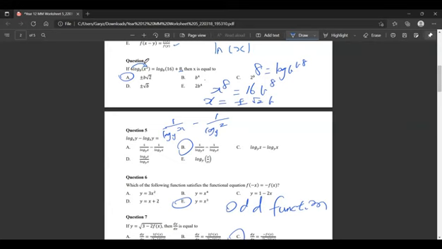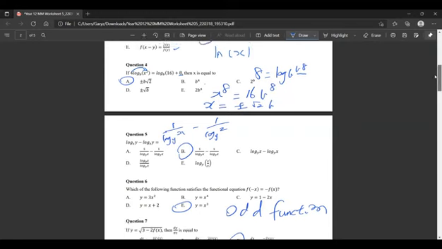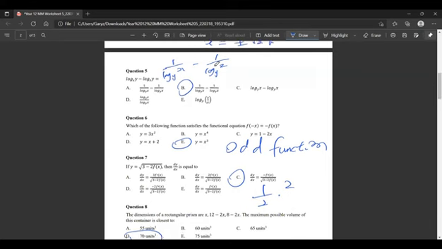So since everything is in the form of log_b, now we can cancel log_b to get x to the power of 8 equal to 16 times b^8, because log_b is cancelled out, so we just get b to the power of 8. And then we can evaluate this to get x equal to plus or minus root 2 times b. So that's A.